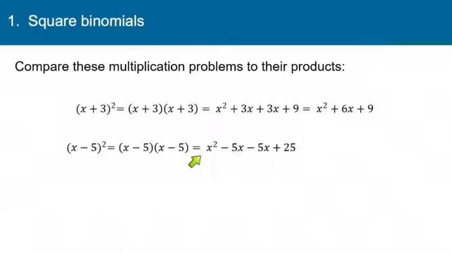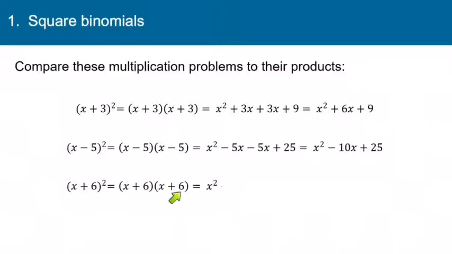Combining the two middle terms, we're going to end up with x squared minus 10x plus 25. Let's get one more. Here I have x plus 6 squared, so that's x plus 6 times itself. Using the FOIL method, we're going to get x squared plus 6x plus 6x plus 36. And then the two middle terms combine and give us x squared plus 12x plus 36.